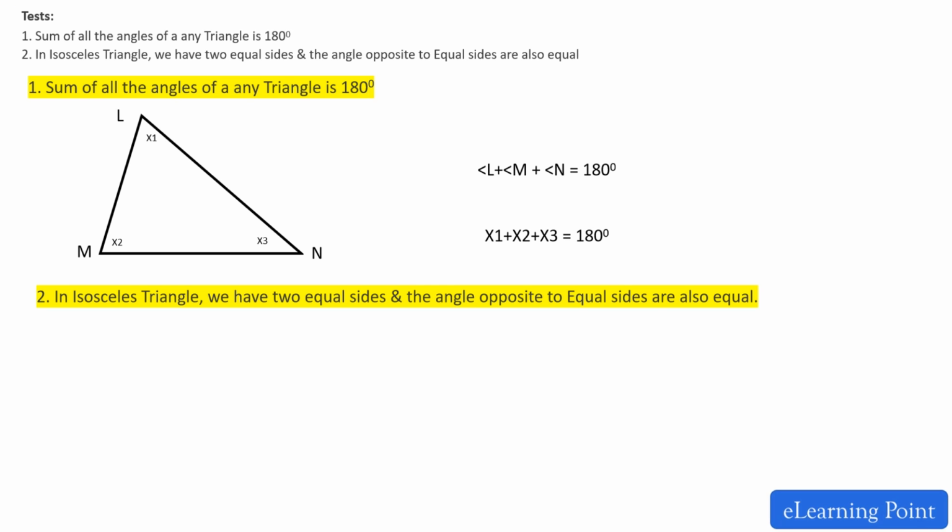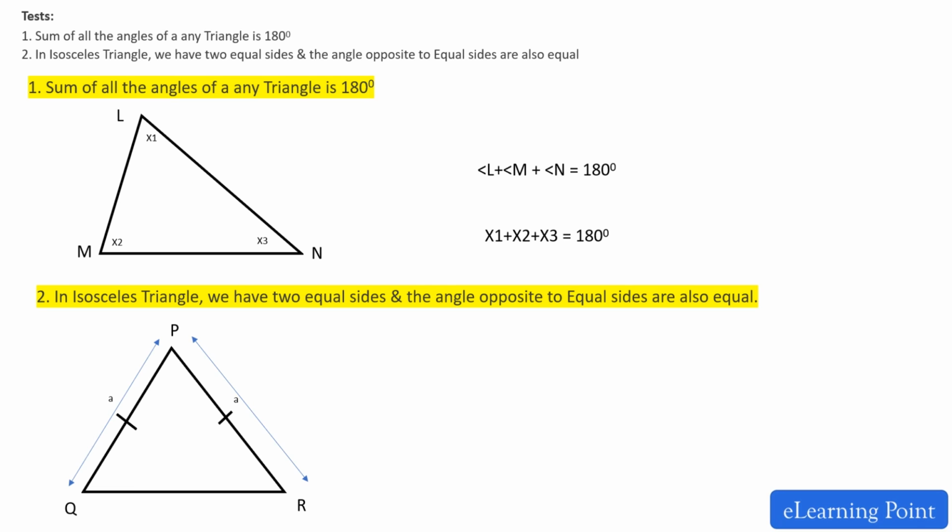The second test is that in an isosceles triangle we have two equal sides and the angles opposite to the equal sides are also equal. So we have this isosceles triangle PQR. PQ equals A as well as PR equals A. That's why it is an isosceles triangle.